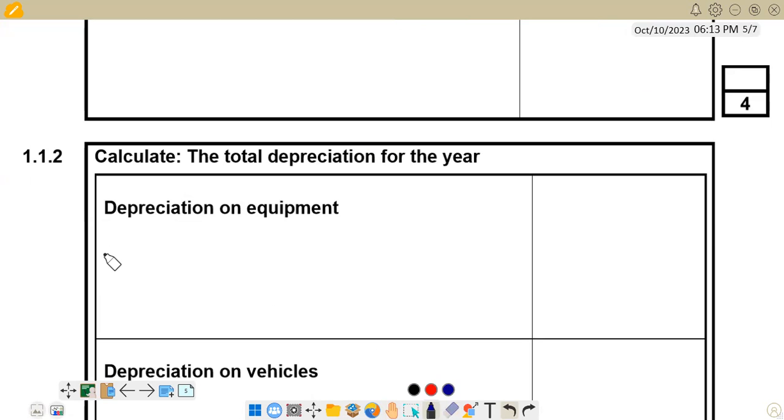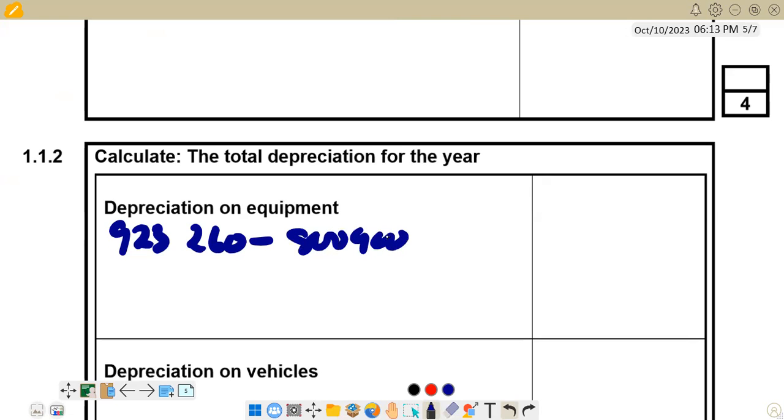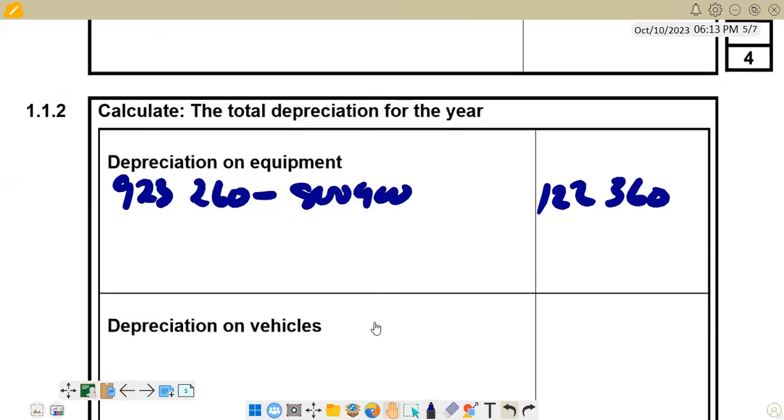For equipment, on how we found it, we said 923,260. Then we subtracted 800,900. Then the figure that we got for equipment was 122,360.